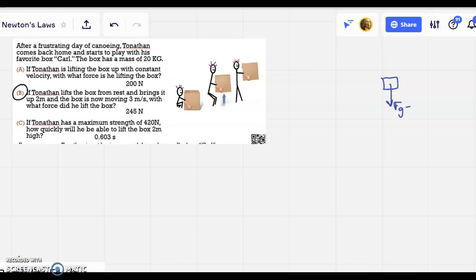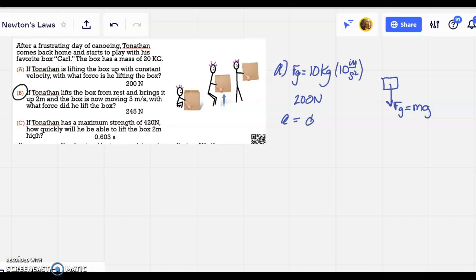And so the weight is going to be equal to the mass of the box times g, which is 10 meters per second squared. So for A, Fg is equal to 20 kilograms times 10 meters per second squared. And so that would be 200 newtons. So in order to lift it with a constant velocity, that means there's no acceleration.